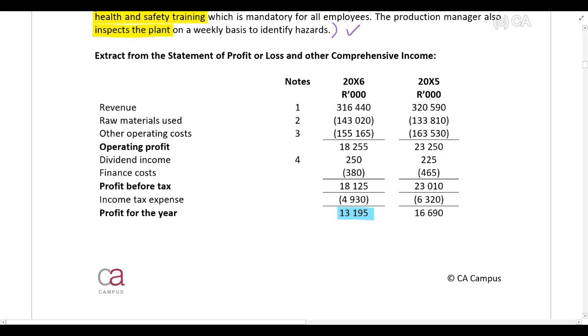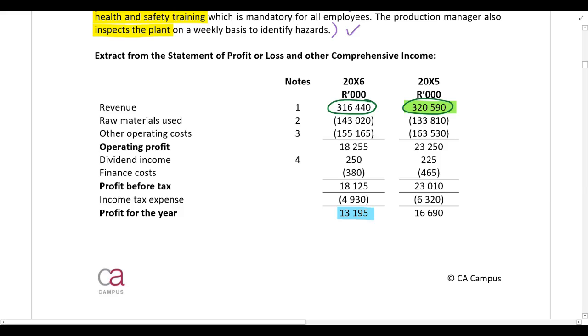And all of these calculations are very straightforward. So I'm not going to waste your time writing everything out. You shouldn't have any issues marking yourself to the suggested solution. Remember, guys, if we are trying to calculate a movement, we take the current year amount, we subtract the prior year amount, and we divide by the prior year amount. So for all of the movements, you're following that logic.